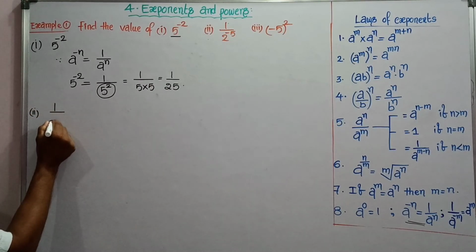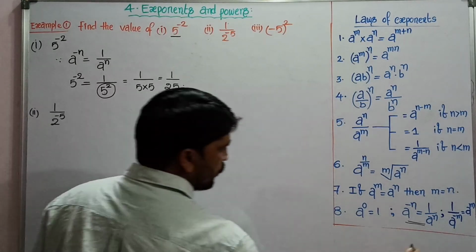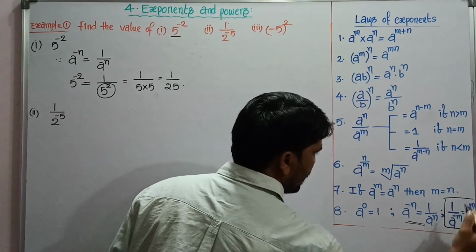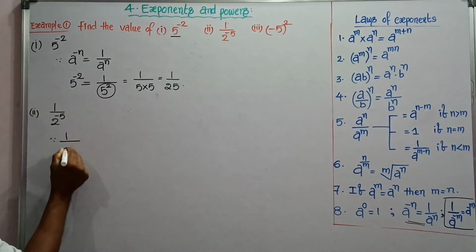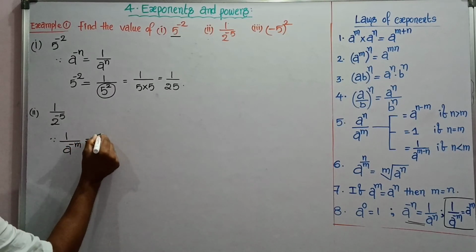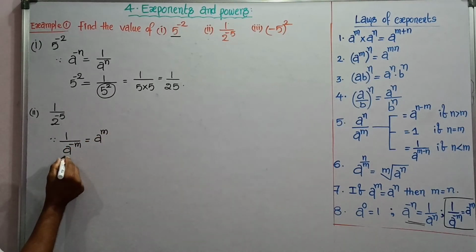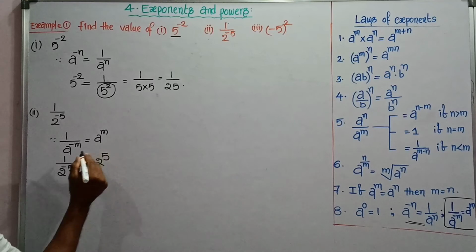Find the value of 1 by 2 power minus 5. Since we know that by 8th formula, 1 by a power minus m equals a power m, in a similar manner 1 by 2 power minus 5 is equal to what? 2 power 5.